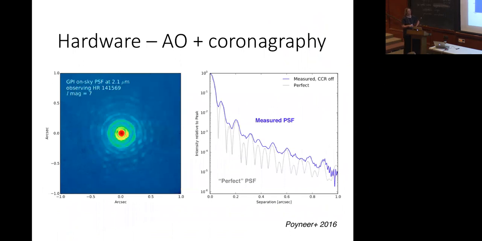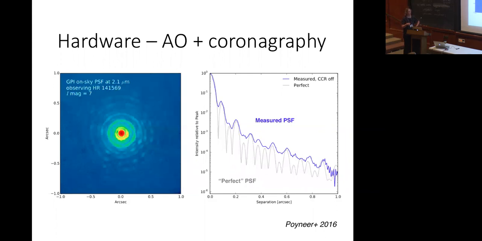The perfect PSF that you see in gray in the background here is a perfect Airy pattern. And here, in practice, is what we get with the Gemini Planet Imager. So you see that with adaptive optics, with a really good instrument, you can start to approximate an Airy pattern. This axis here is essentially contrast.